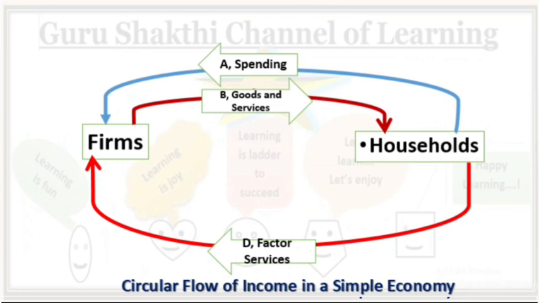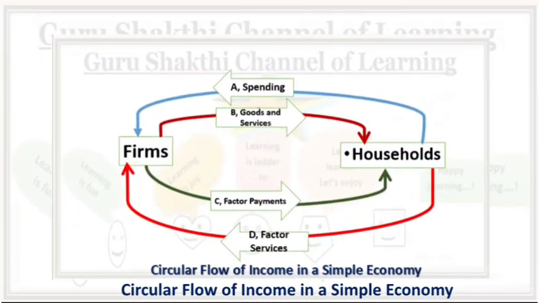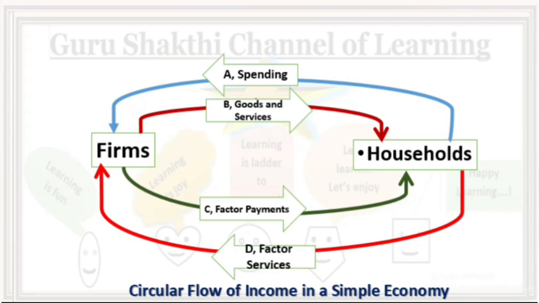The arrow below at D represents the services that the households are rendering to the firms. This enables them to get payments from the firms.